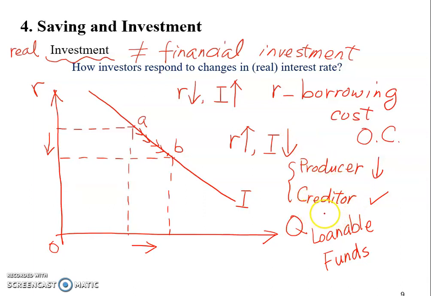So if your second best choice is to be a creditor, R measures how much money you can potentially make from being a creditor. So here we would say R is actually opportunity cost. The borrowing cost is just one example or one application of the opportunity cost.